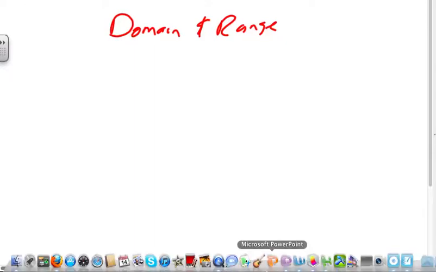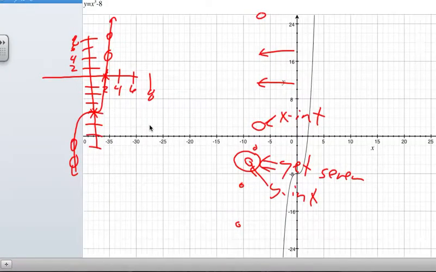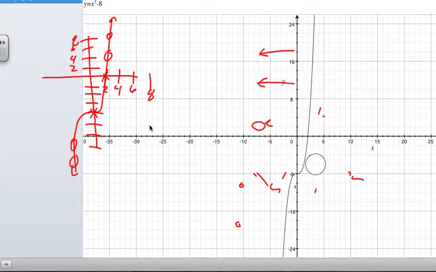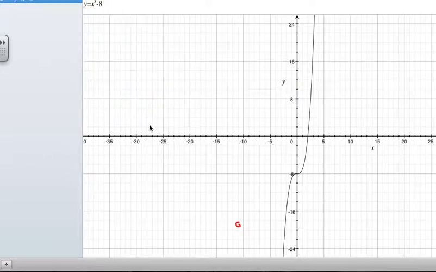Okay, domain and range from a graph. Okay, so let's come in, and I'm going to pull grapher back up again. I'm going to change my function a little bit.